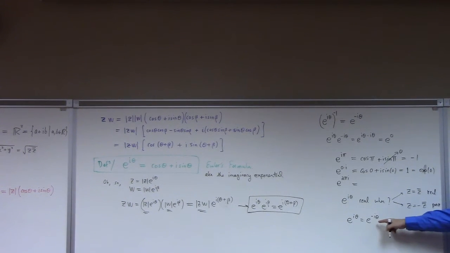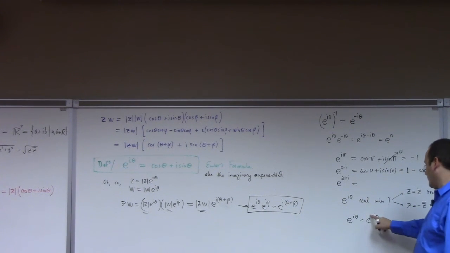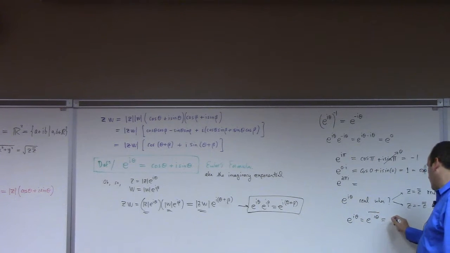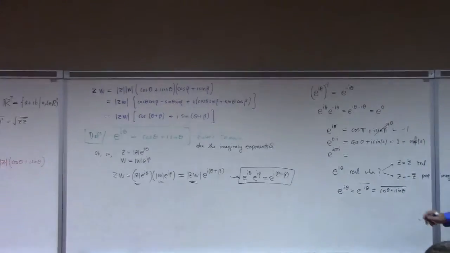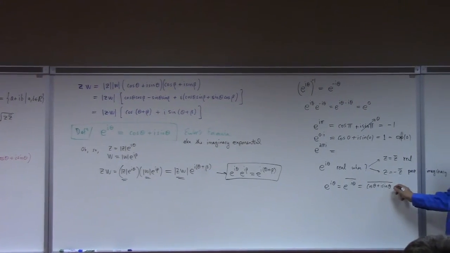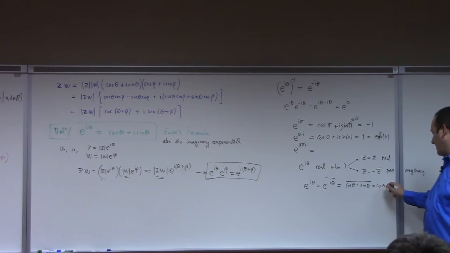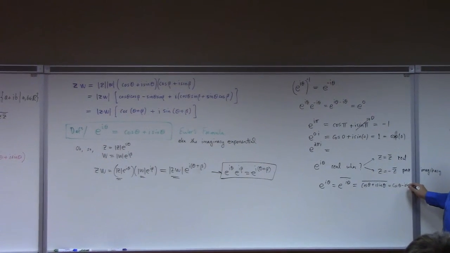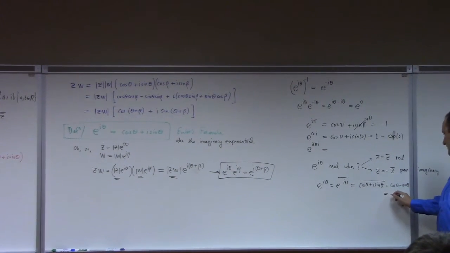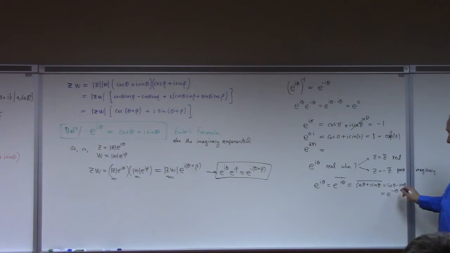How do you know that that's the conjugate? Let's work it out. So this is cosine theta plus i sine theta conjugate, right? Conjugate just means you change i to minus i, right? And that is, in fact, e to the minus i theta.